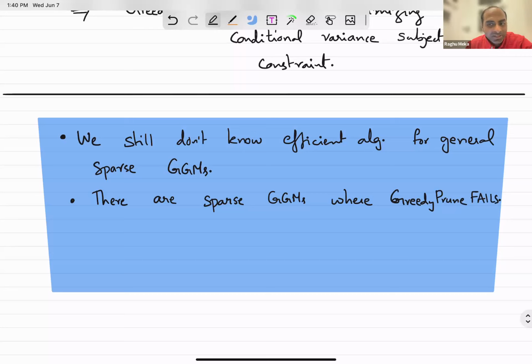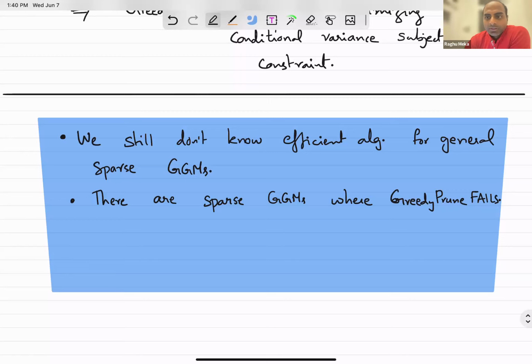So greedy prune is currently the most broadly applicable algorithm, but even that fails for some specific sparse GGMs. And there we don't have any general algorithms. And this is, I think, a very important problem in statistics. And any progress on that would be great.